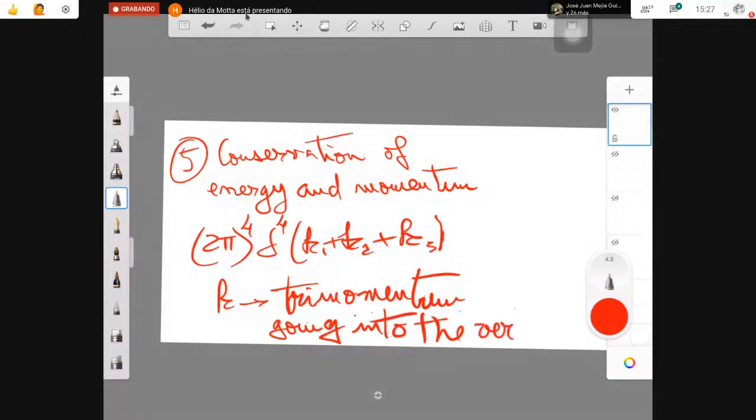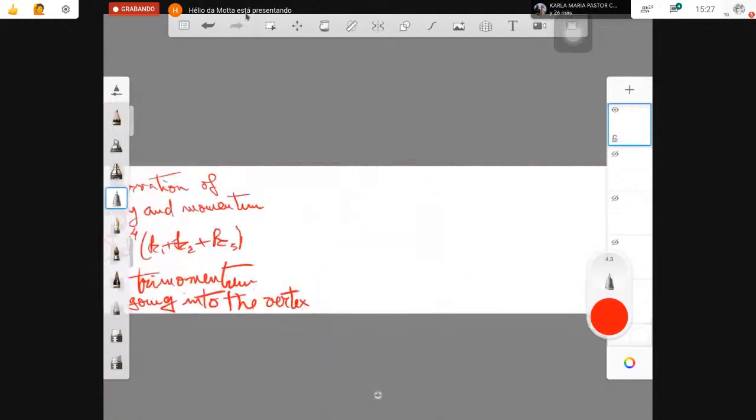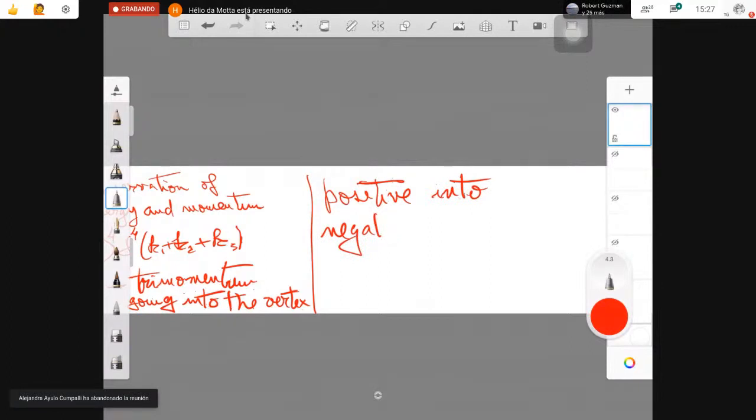And as in the toy model, it will be positive if it is going into the vertex, and negative if it is exiting the vertex.